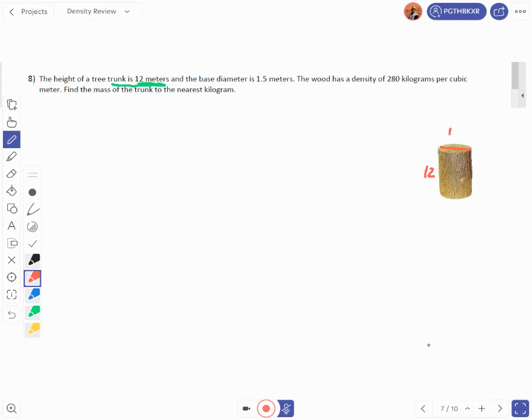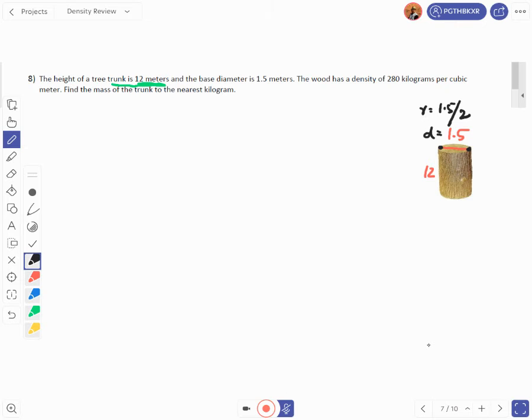Please remember there are high chances of making a mistake when diameter is given. If you look at the diameter, immediately compute what is radius. As you know, radius is half of the diameter. Therefore, I'm writing at the top, radius is half of the diameter, so 1.5 over 2.